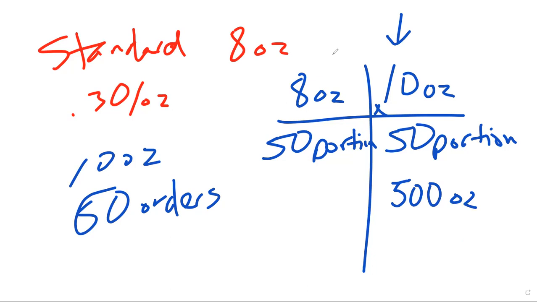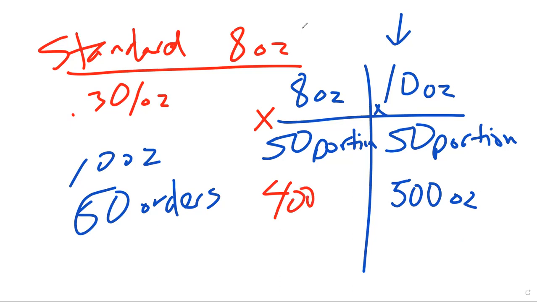Now, what should we have served? The standard portion size is 8 ounces. So 8 times 50, 400. So we should have served 400 ounces, but in reality, we served 500 ounces. So how many ounces did we serve over? 100.